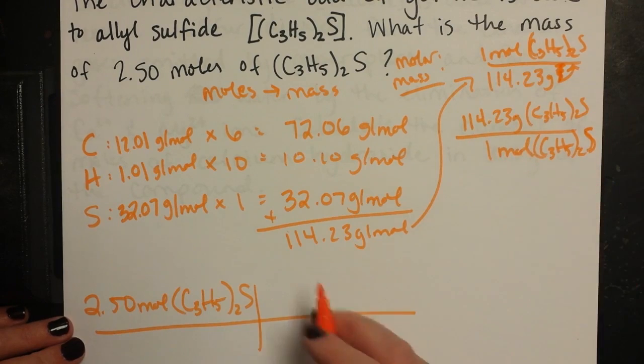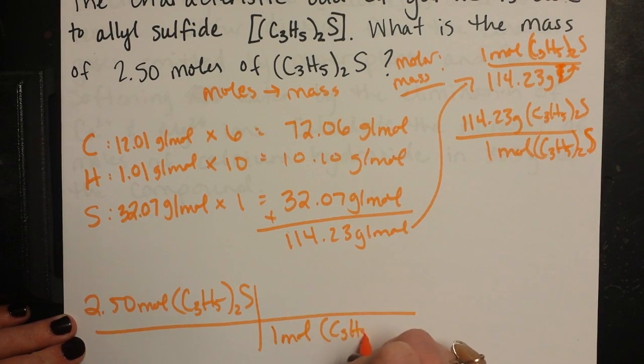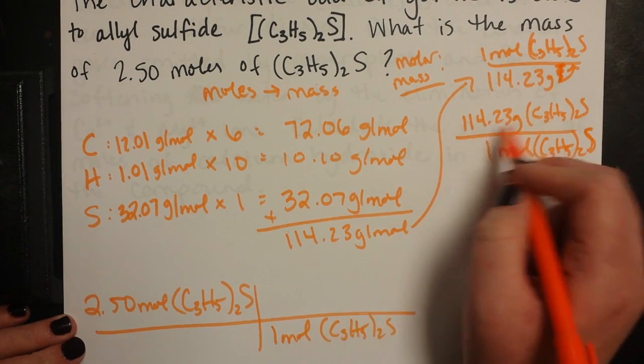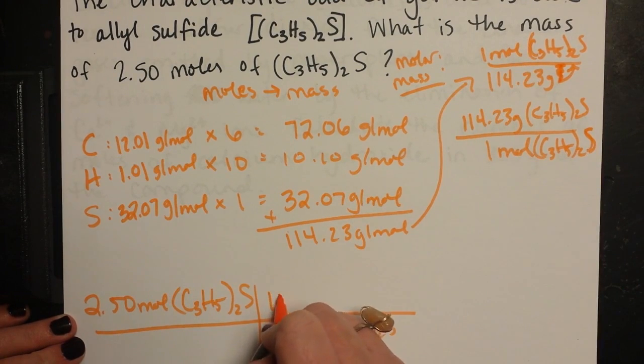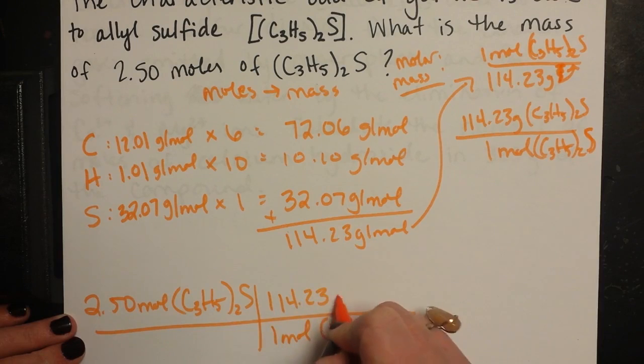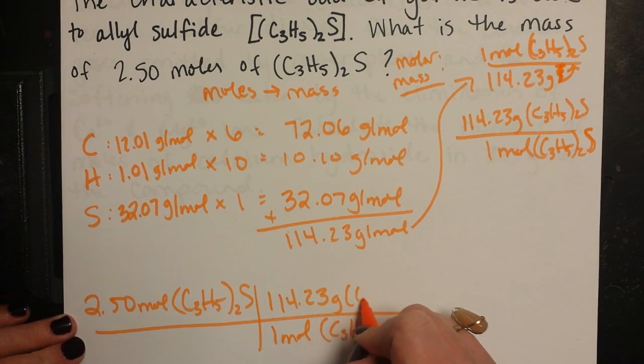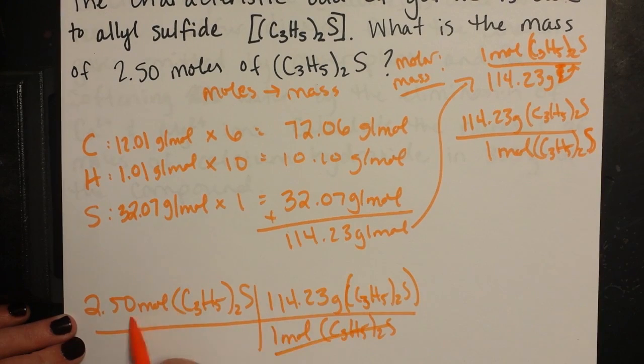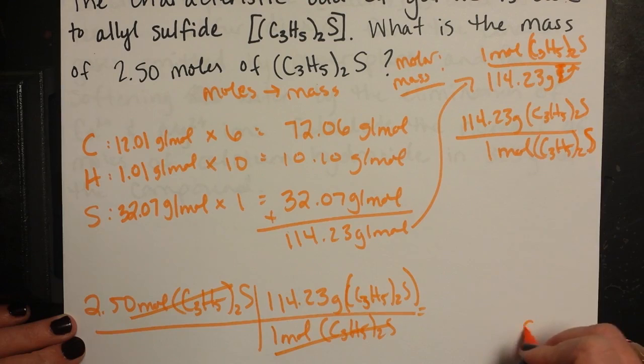Here I see that I've got moles in my denominator, so my molar mass is going to be on top. 114.23 grams of allyl sulfide, C3H5 2S. So my moles cancel, and I'm left with grams of allyl sulfide.